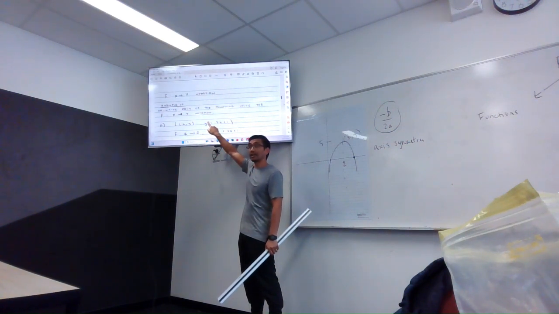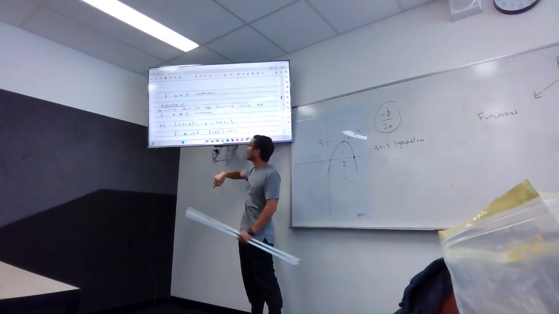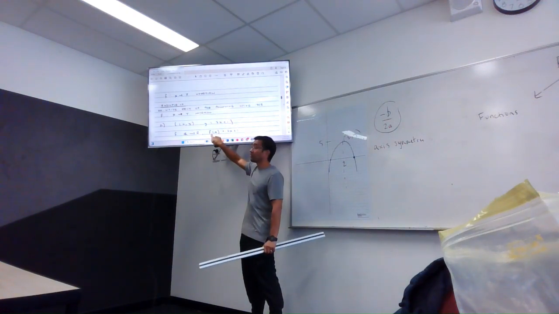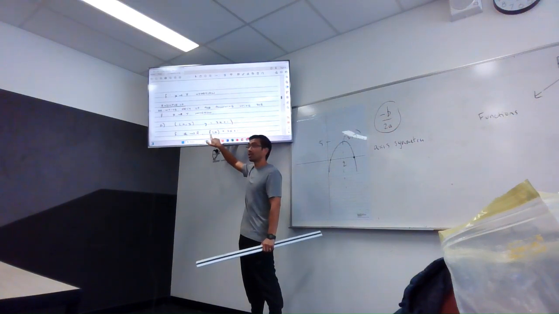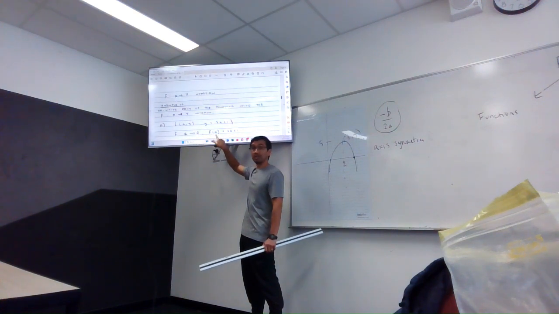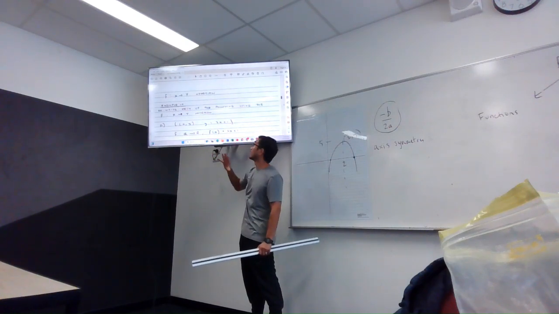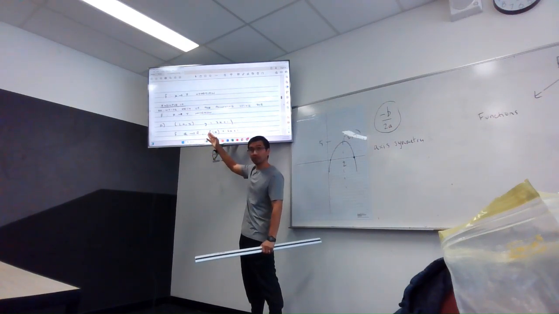In the same way, we can rewrite it as f of x, or function of x. Y has a functional relationship with x, and that relationship is 2x plus 1. It's a function of what happens to x.